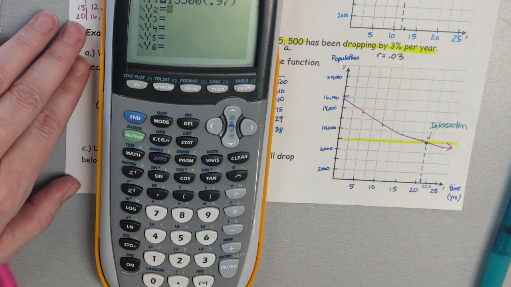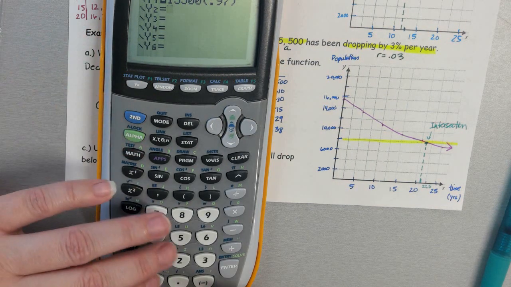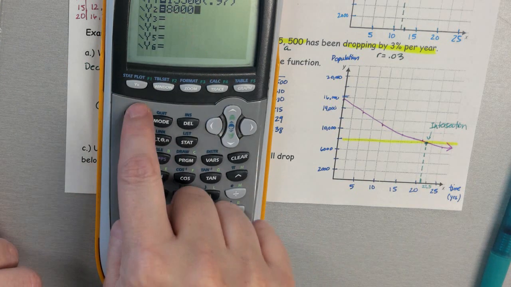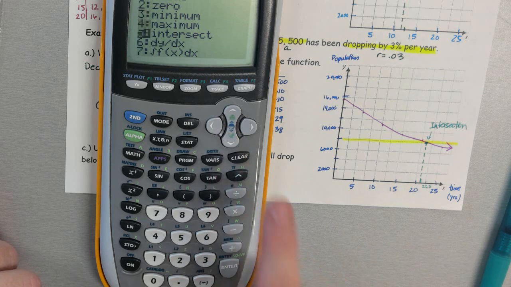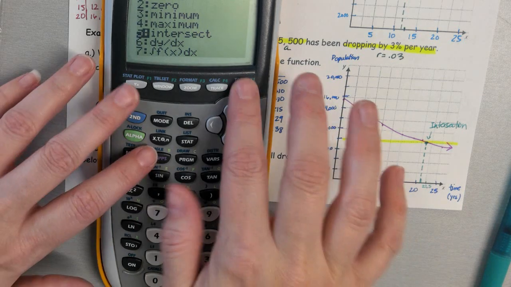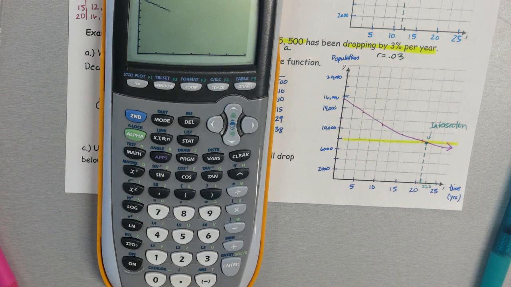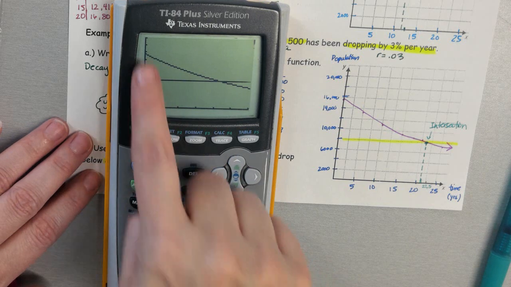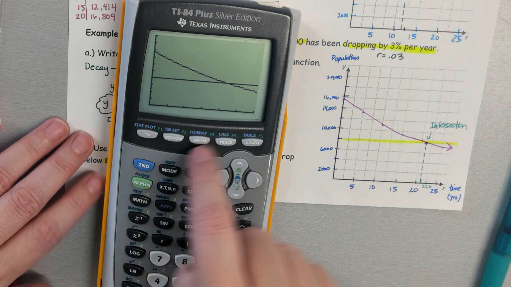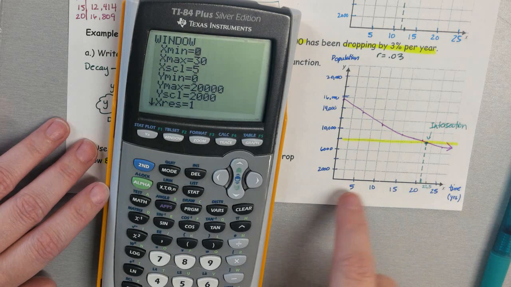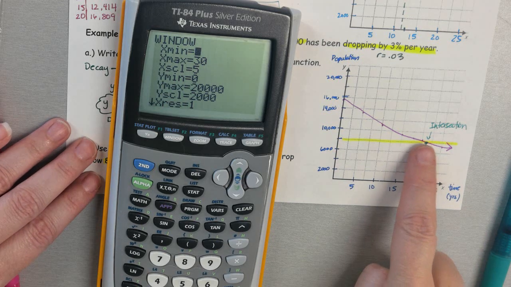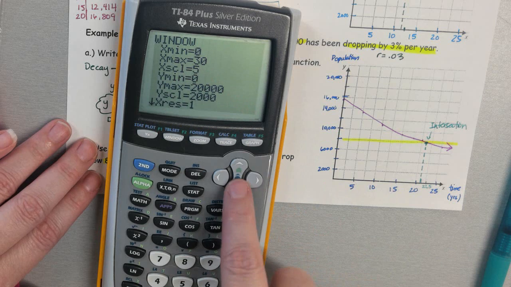So, do you guys remember how to find the intersection on your graphing calculator? Okay, so you're going to put in the 8,000, go to second calc, use the intersect feature. Well, I guess I can graph it first. Now, I already have my window set up from yesterday, so it's going to graph the first line and then the 8,000. If you need to check your window, I made mine from 0 to 30 just because it intersected really close, so I just put it out a little more.